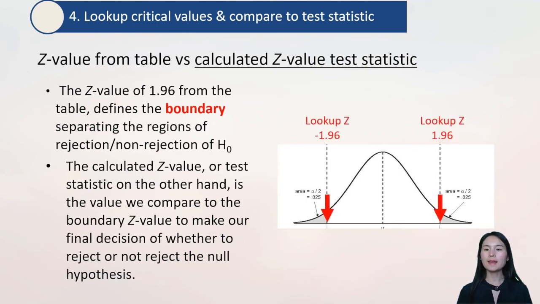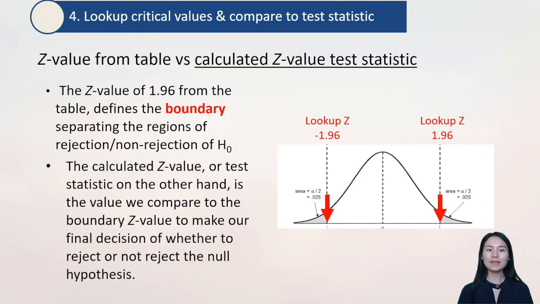On the right side it is positive, and on the left side it is negative. So the z-value of 1.96 from the table defines the boundary separating the regions of rejection and non-rejection of the null hypothesis.